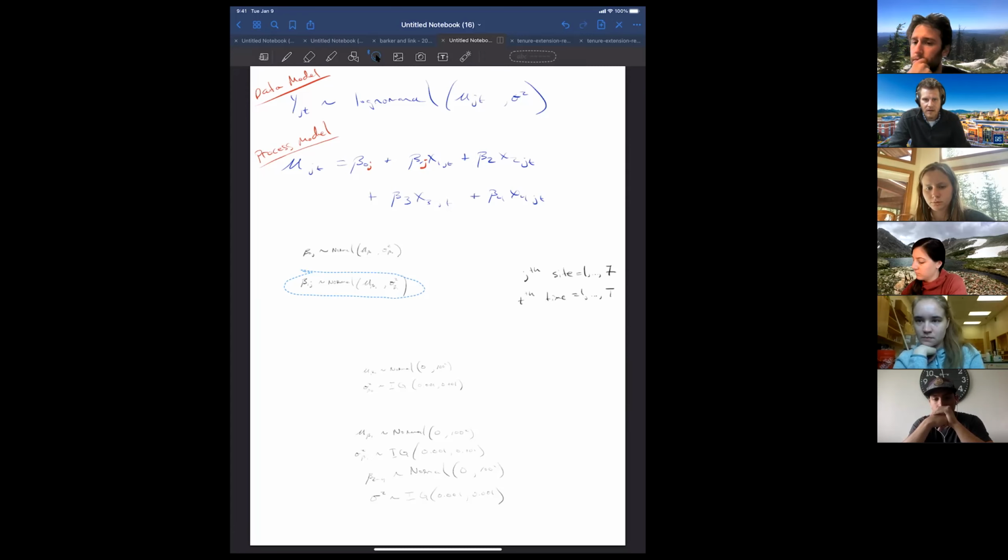What we can do with our model now is look at how the expected nitrogen count changes from season to season. And in some ways, the T is redundant here.